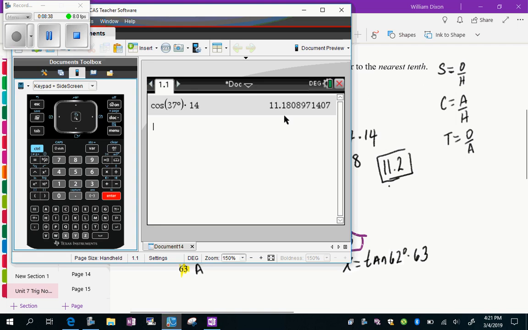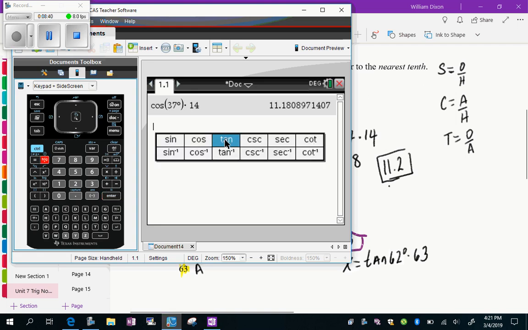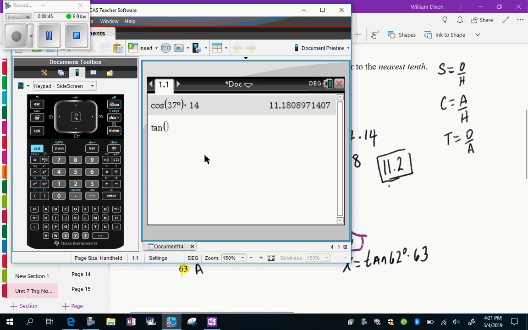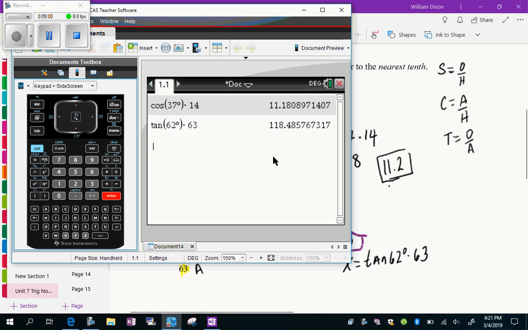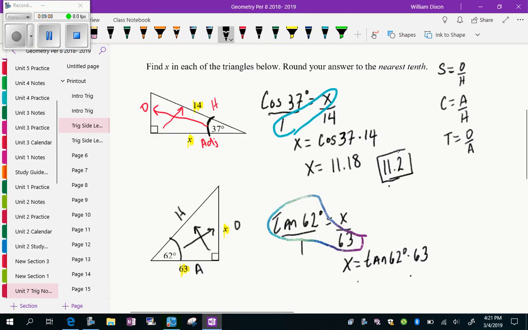I'm going to type in trig tan, 62 degrees, close the parentheses. So that's going to be times 63. Enter. So I get 118.48 or 118.5. So my answer here, X equals 118.5.